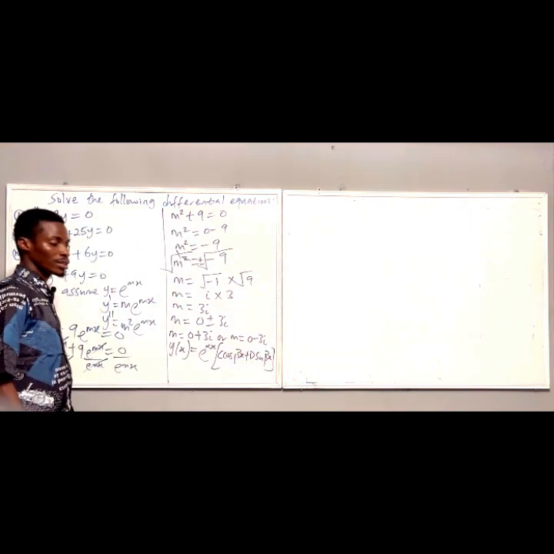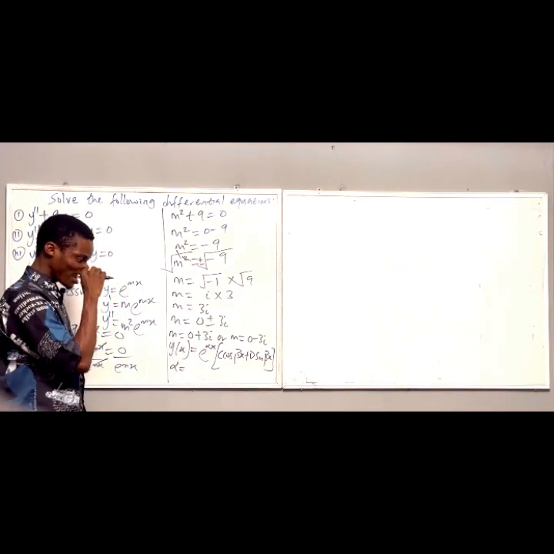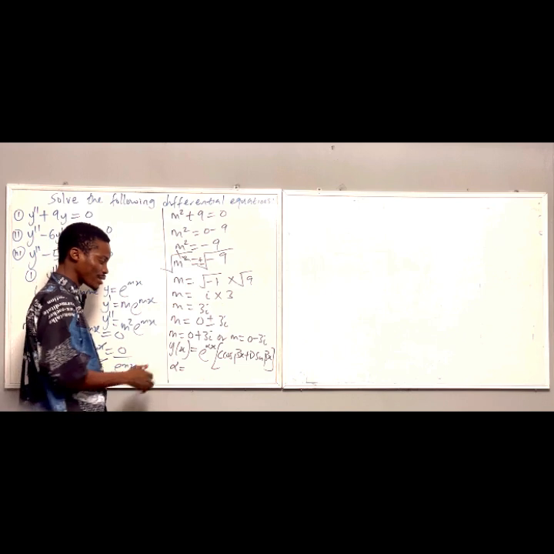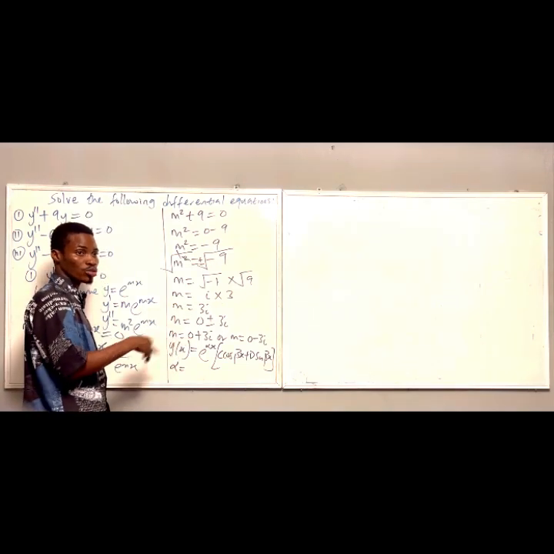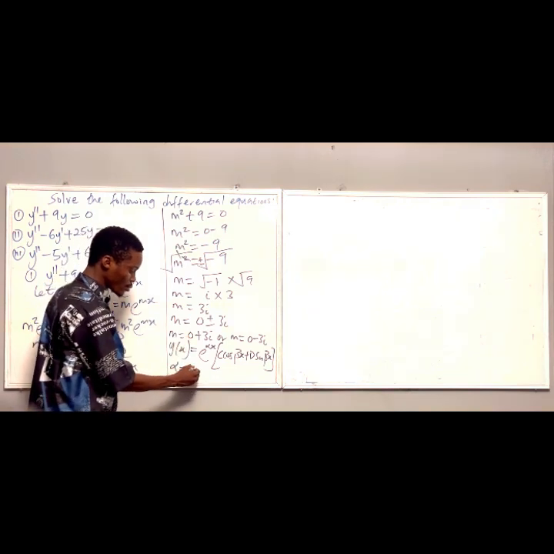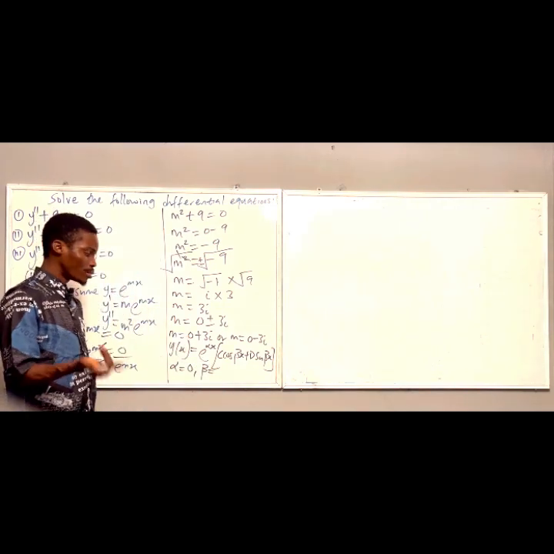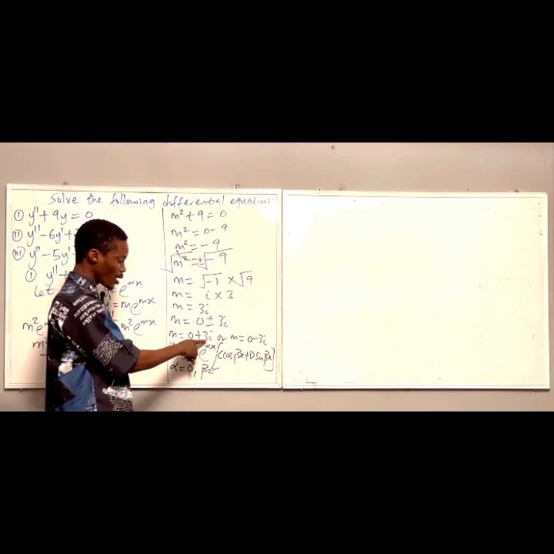This is what I'm going to have, where alpha is the real part and beta is the imaginary part. The real part is the part that does not have the imaginary unit, iota, which is 0. While my beta is my imaginary part, having iota, which is 3.